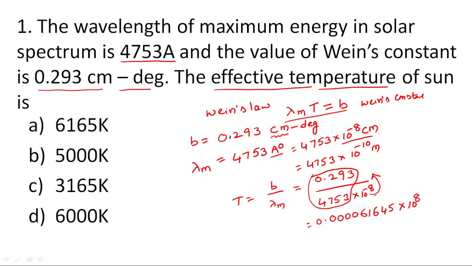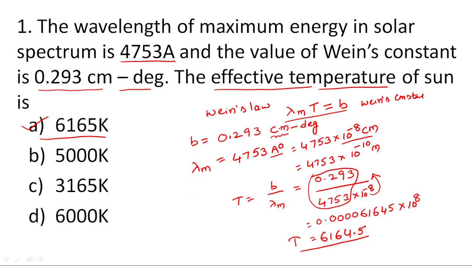If you take this power into the above, it becomes 10 power 8. So that is equal to 6164.5. So temperature is equal to 6164.5, and this value is approximately equal to 6165 Kelvin. So that is option A.